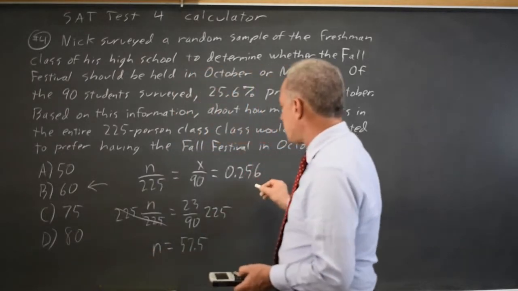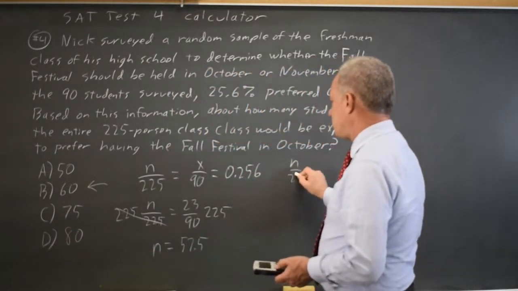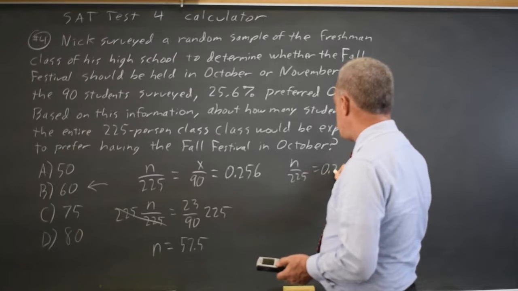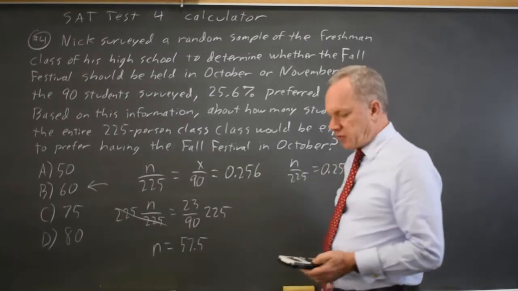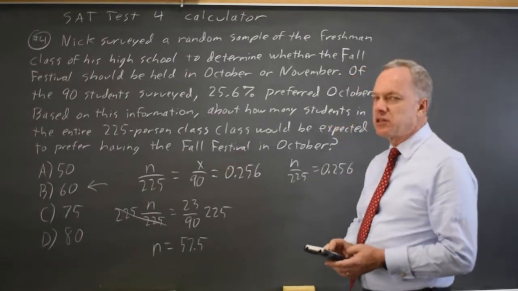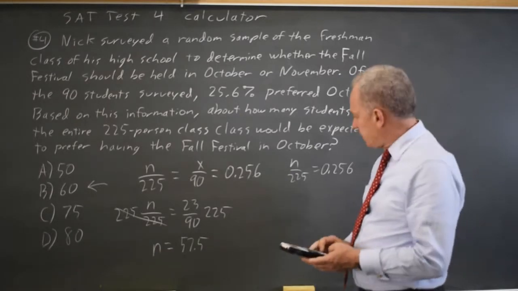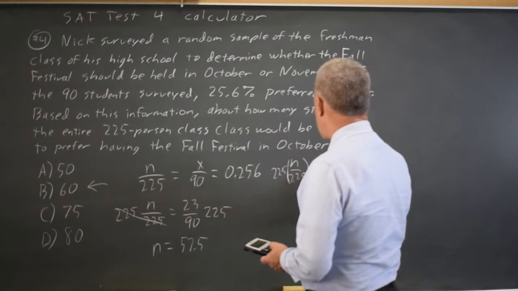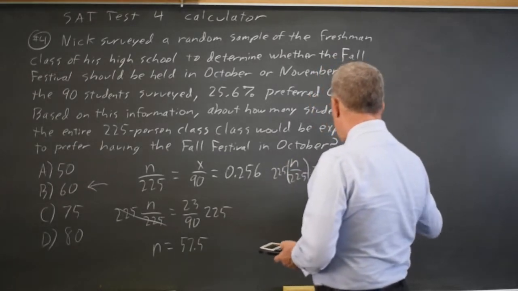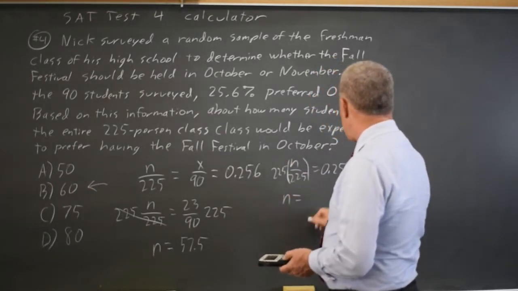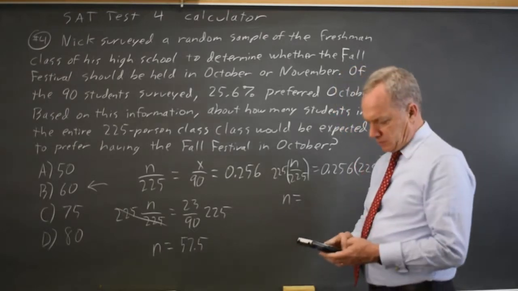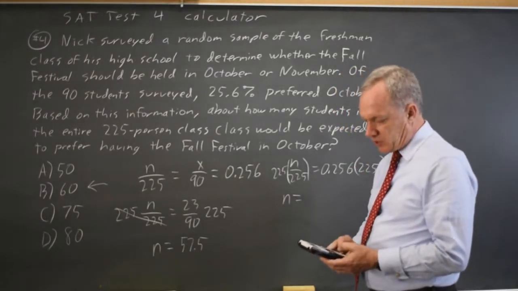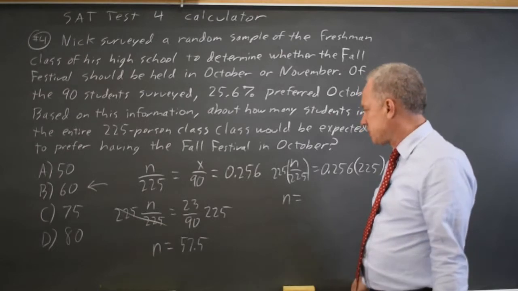Or I could go directly from n over 225 equals 0.256 without figuring out what my x is, the number for October in the sample, and multiply both sides by 225. So n equals 0.256 times 225 is again 57.6.